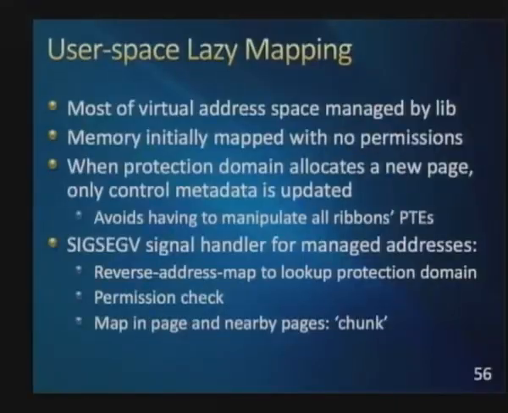So it's fairly expensive. Instead we take this lazy strategy where all memory in the virtual address space managed by our library is completely unprotected. Anything you touch in there is going to hit a seg fault. Then we modify the signal handler so that when we get the SIGSEGV signal, we check that address.